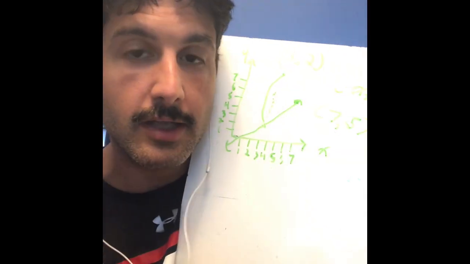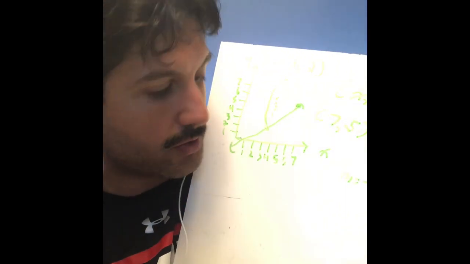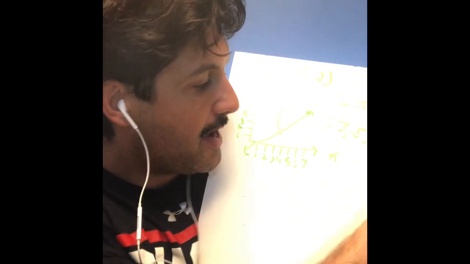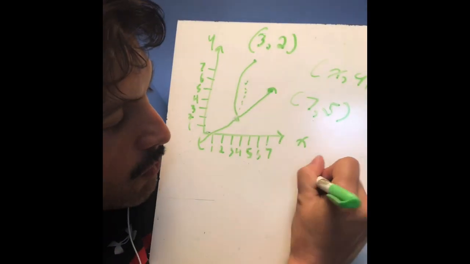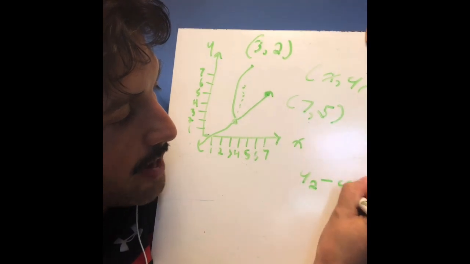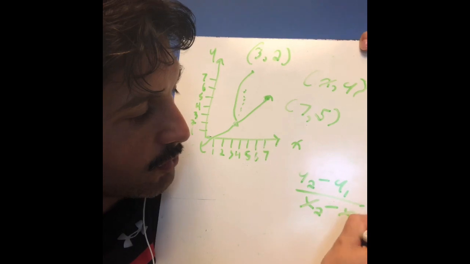Another way of calculating it, this is actually the preferred way, is to use a very specific equation. So I'm going to do that next. The equation is y2 minus y1 over x2 minus x1.